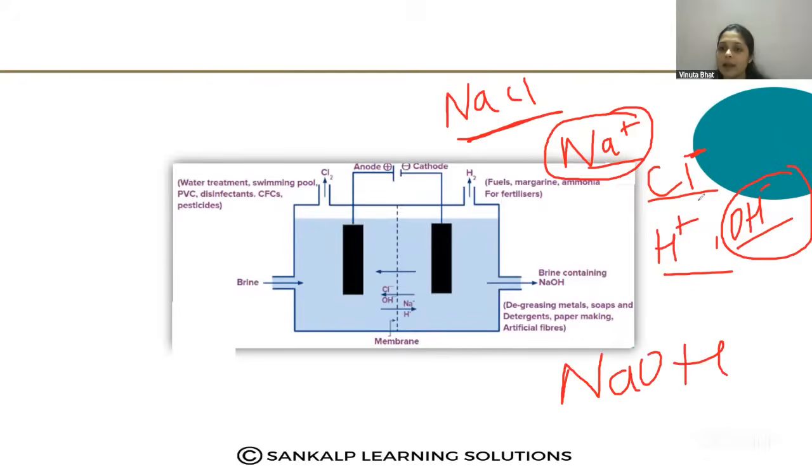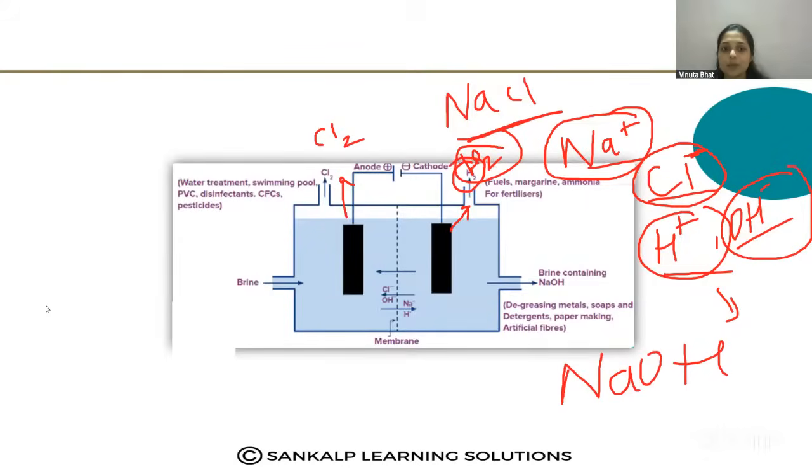And here the chlorine and hydrogen ions form gases, chlorine gas and hydrogen gas. The chlorine gas is produced near the anode and the hydrogen gas is produced near the cathode.